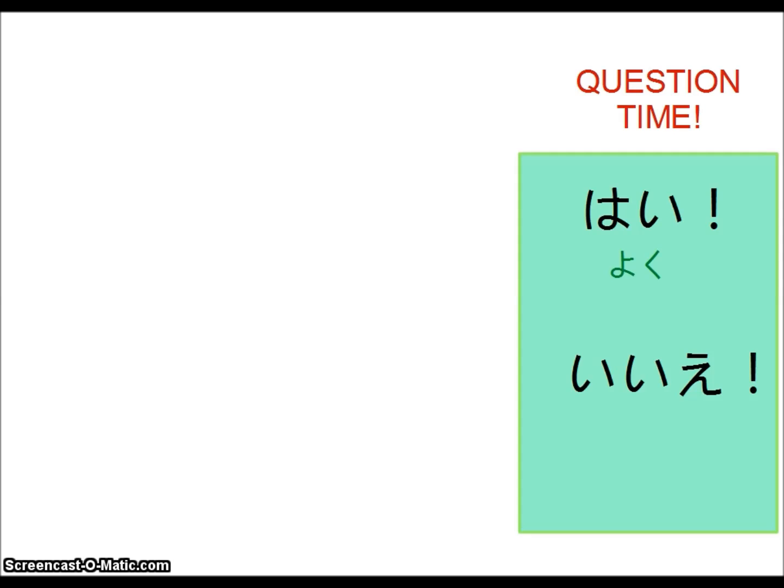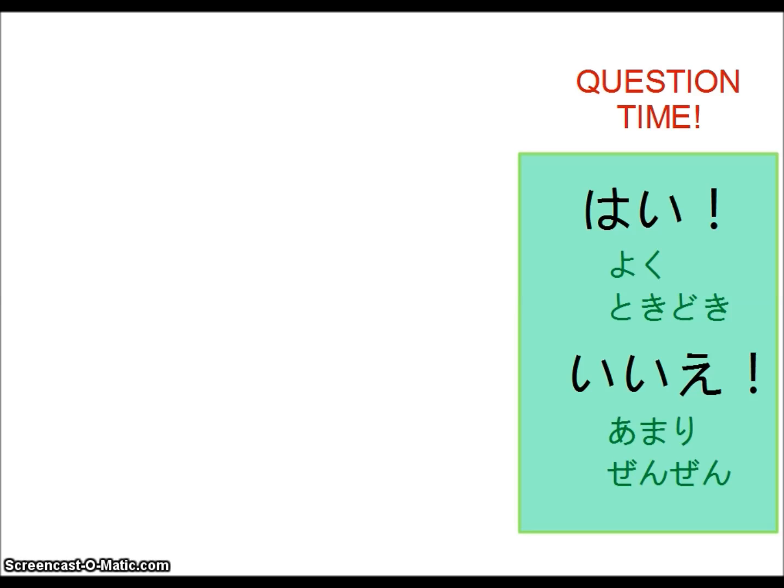So now we're going to do an activity with questions, and you need to answer either yes, which would be はい, or no, which would be いいえ. And I'm going to be asking how often you do something, and you need to answer yes, I often do it, or I do it sometimes, or no, I rarely do it, or no, I never do it.